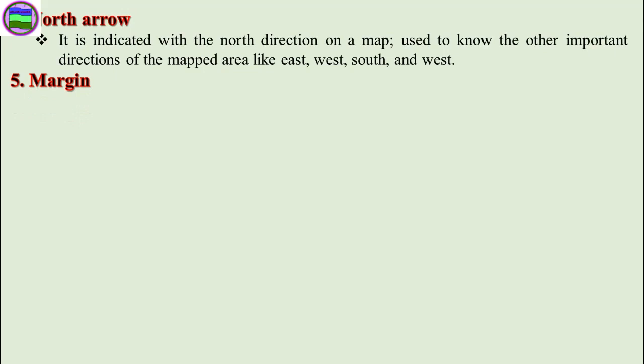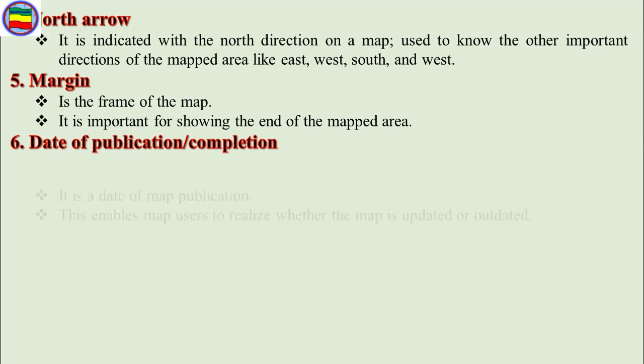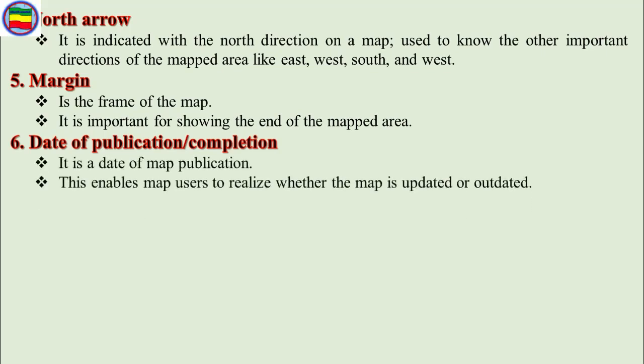And the other one is the margin, which is the frame of the map. The frame should be there. It is important for showing the end of the mapped area. And the other one is the date of publication or completion. It is the date when the map was published or prepared.